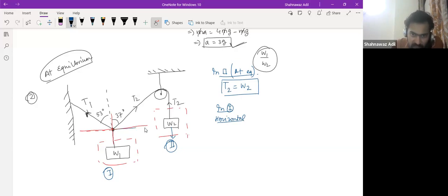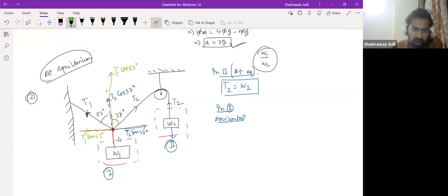What is the horizontal one? We have T2 sine 37, and this is with the angle, so this is T2 cos 37. And then we have T1 cos 53, and this is T1 sine 53.